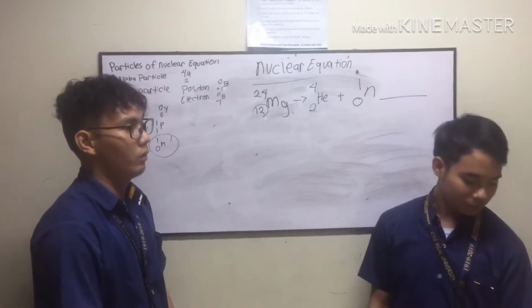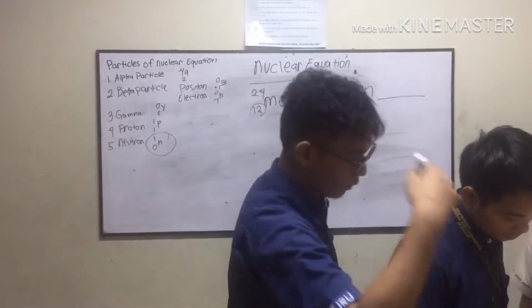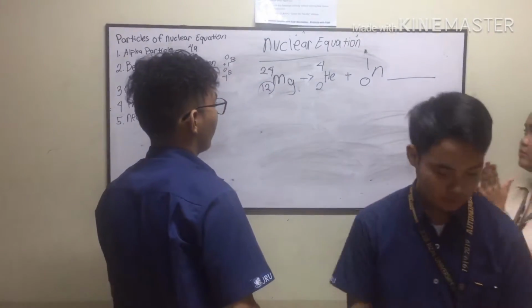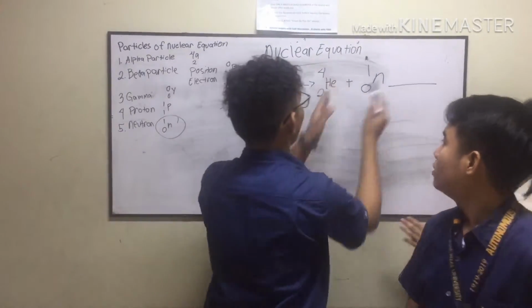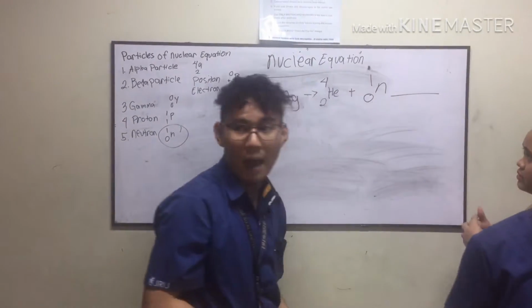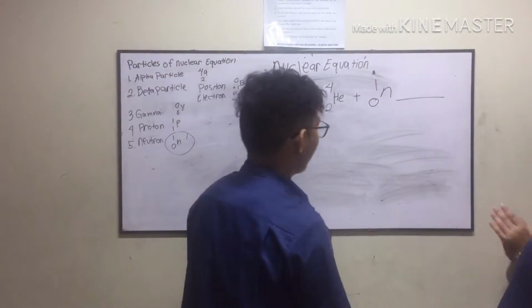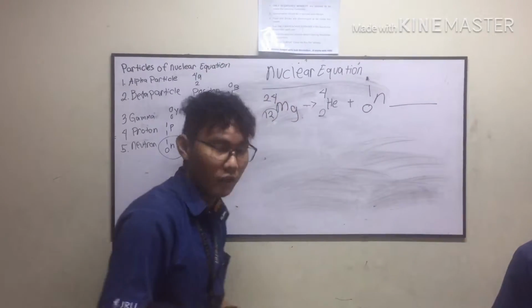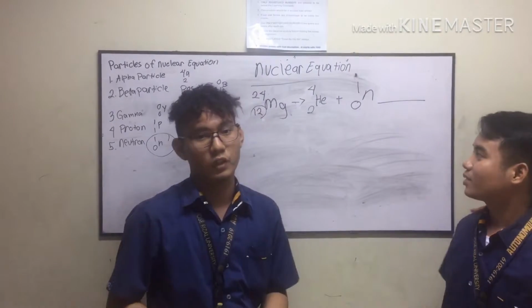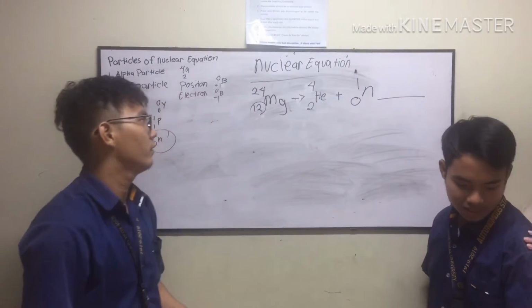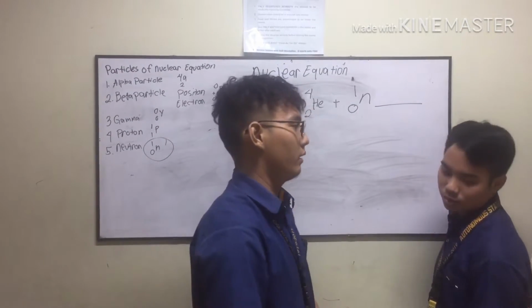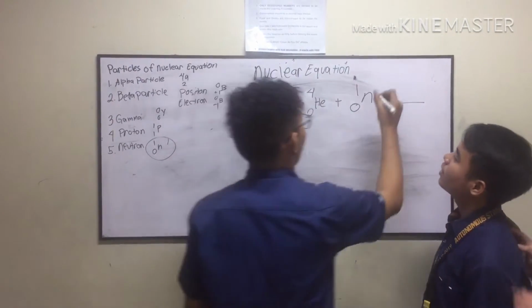So we need to balance the two sides to get the answer. 24 plus 4 is 28. 28 minus 1 is 27.